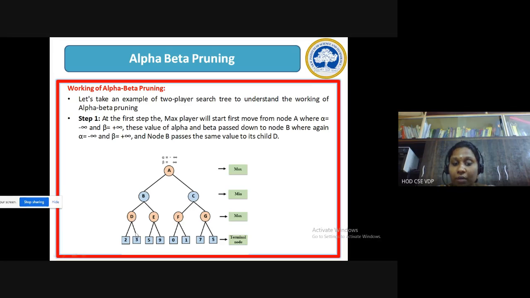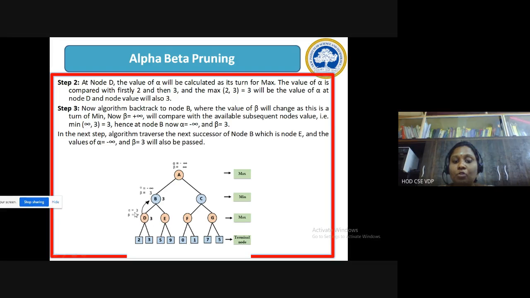Okay. Now coming back to this node, what happens? 3 is the node value which goes up. So when 3 goes up, you have to take the maximum of 2 comma 3. When you take the maximum of 2 comma 3, 3 is assigned to alpha, since the earlier alpha value was 2.